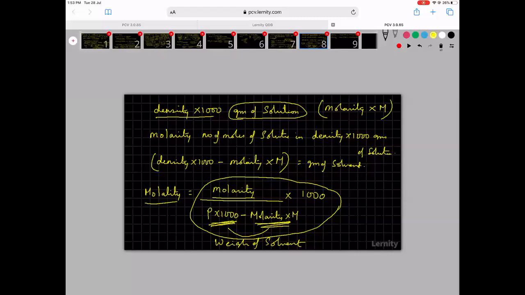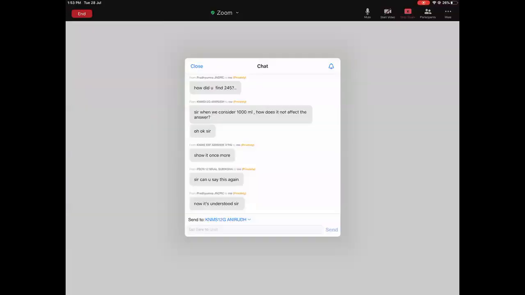Okay. So if this is understood, then slowly let's move towards solutions. So this is how the strength of a solution is explained.